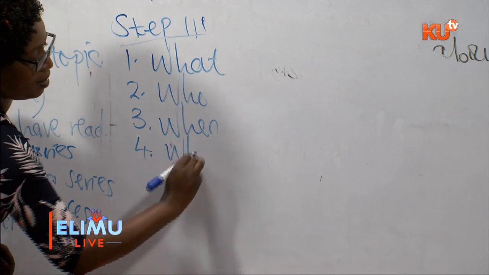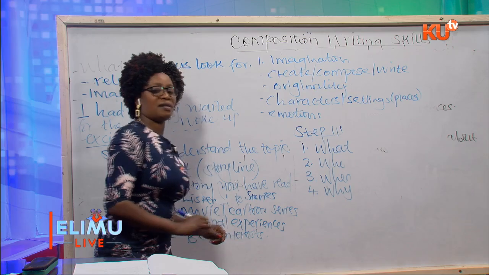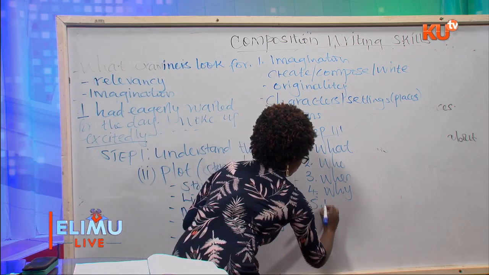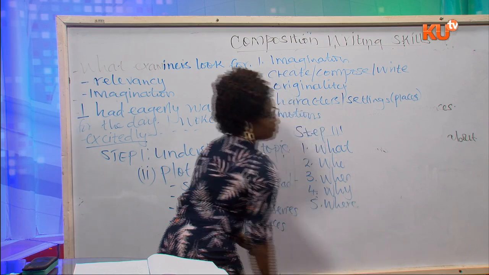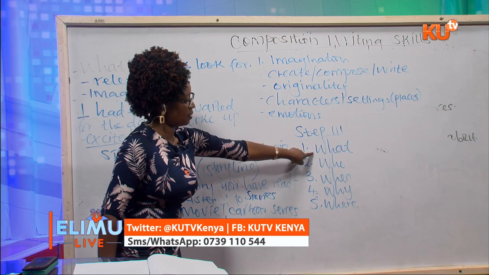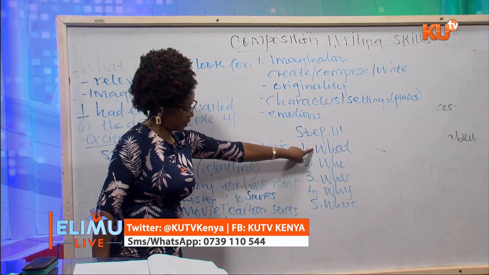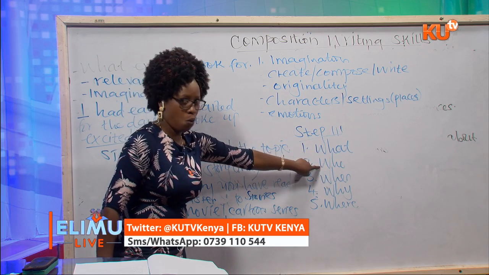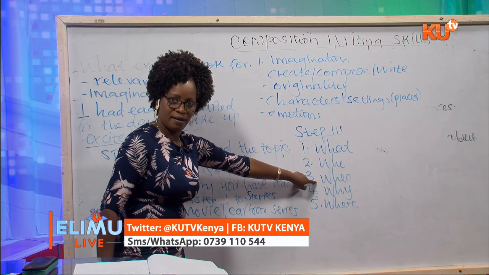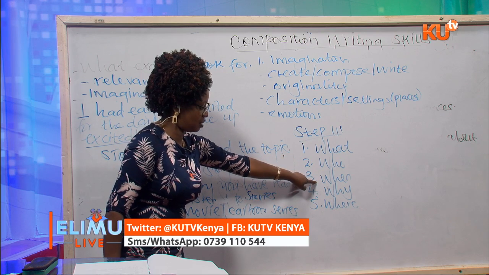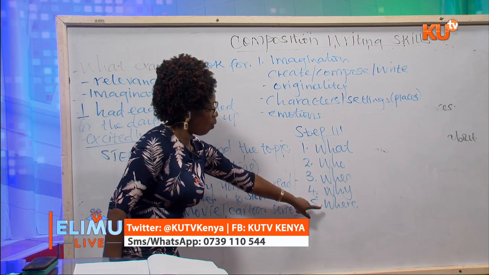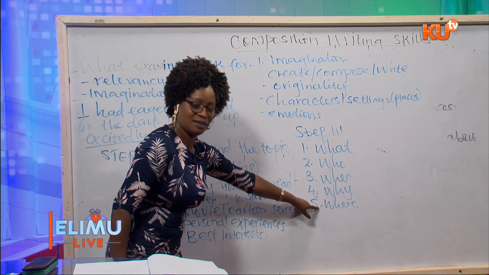Why did they happen? Where did they happen? What happened? Who was involved? When did these things happen? Why did they happen?